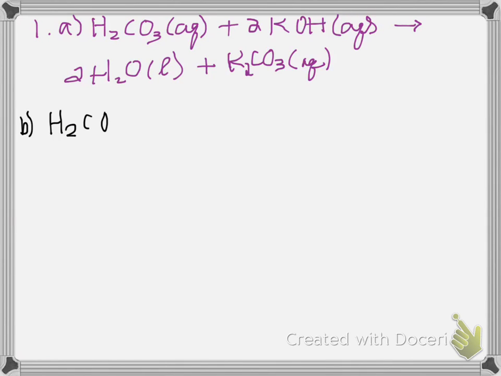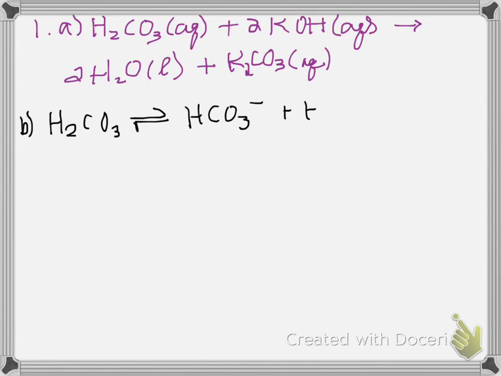I'm going to neglect the states of matter here, but we know what they are from the balanced equation above. And it's going to be at equilibrium with its conjugate. And of course the conjugate of carbonic acid is just what you get when you remove one of the protons.